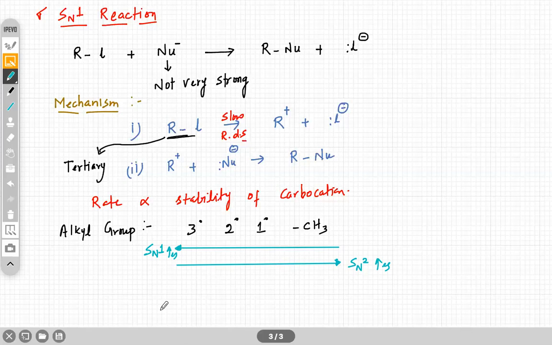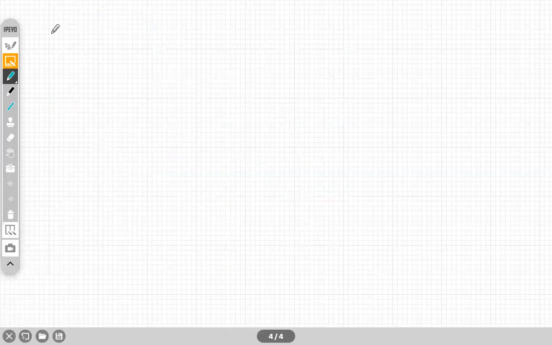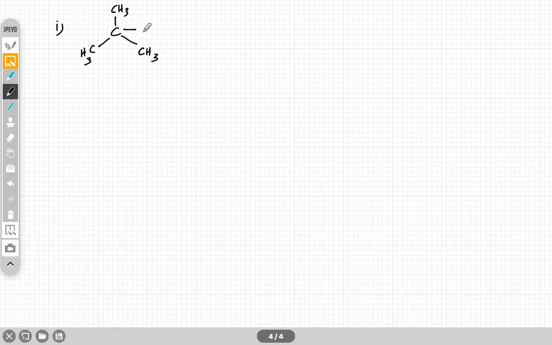Now some basic examples. The first example: suppose we have a carbon attached with three methyl groups, CH3, CH3, CH3, and Cl.